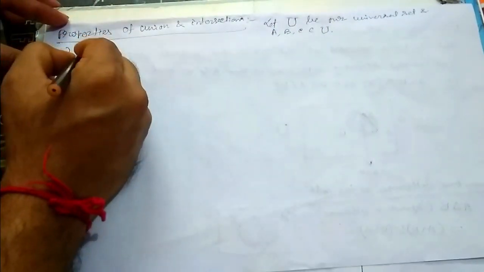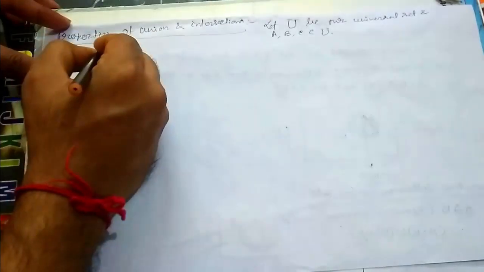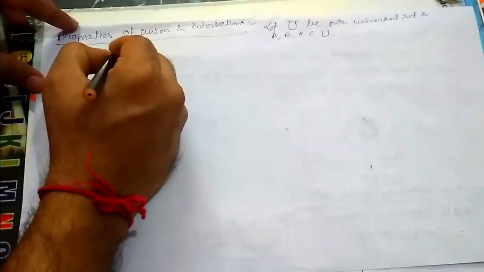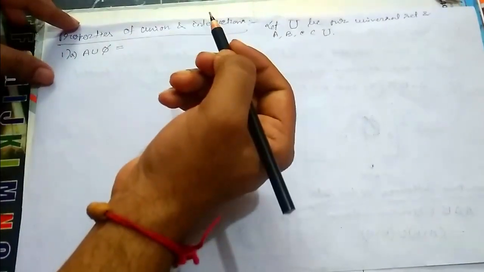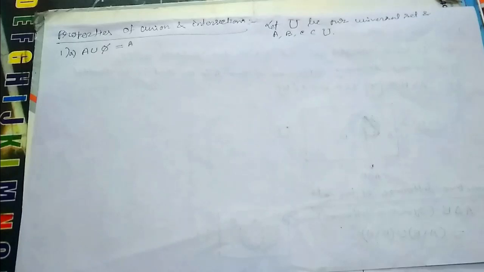So if we take A union phi, then this gives us A, because phi is a subset of any set.